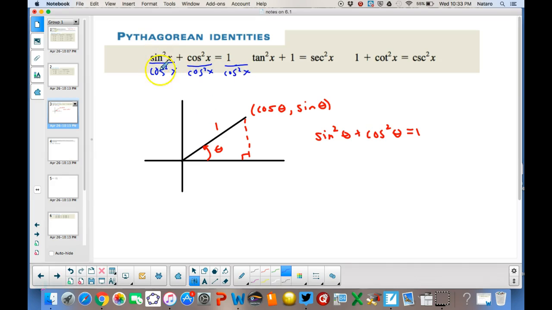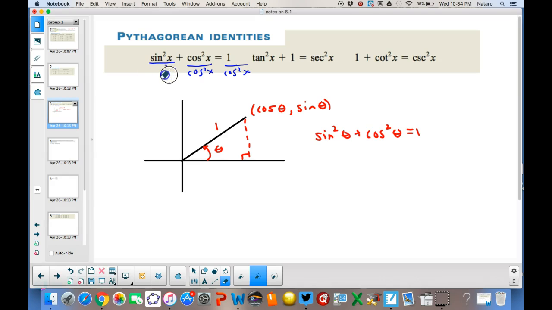And notice here we have sine squared over cosine squared. Well, sine over cosine is tangent. An expression divided by itself, that's just going to simplify to 1. And 1 over cosine, we know that cosine is a reciprocal of secant. So simplifying this expression here, after I divided by cosine squared, gives me our second Pythagorean identity.